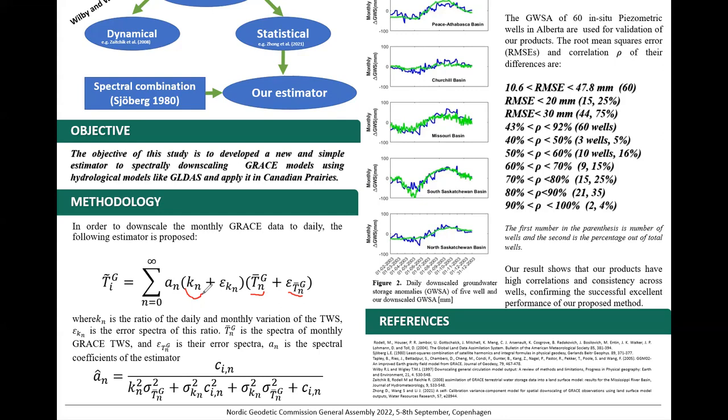But where does it come from? Actually, if we have the hydrological models spectrum, let me call it TH here, THN is the hydrological model spectrum divided by the monthly average of the same signal. In that way, the monthly average of this hydrological signal comes here.